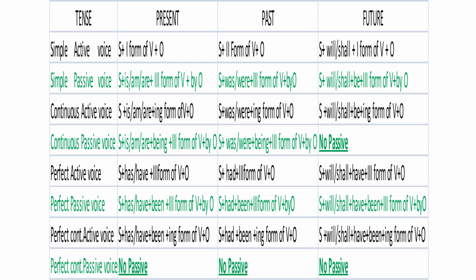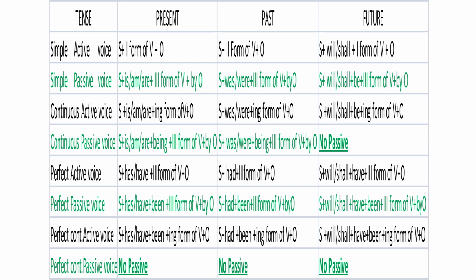Then when we come to the continuous tense, in present continuous tense, the structure will be subject plus is/am/are plus being plus third form of verb plus by object in passive voice.